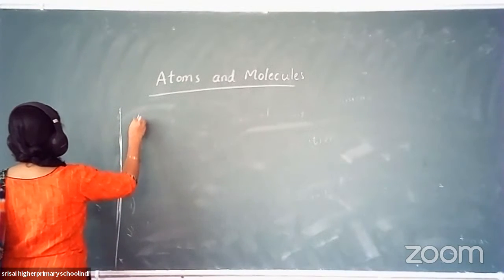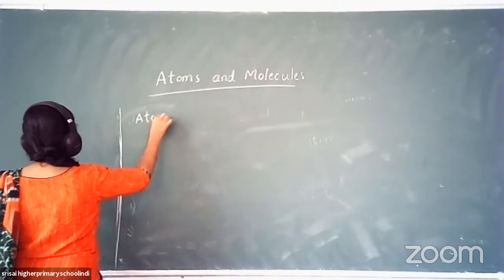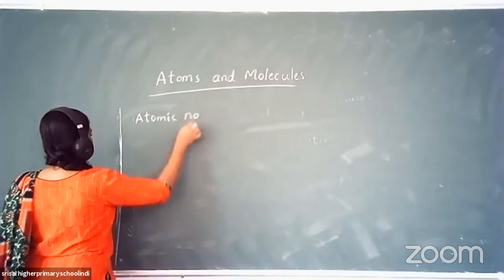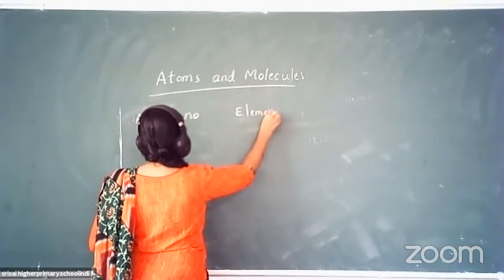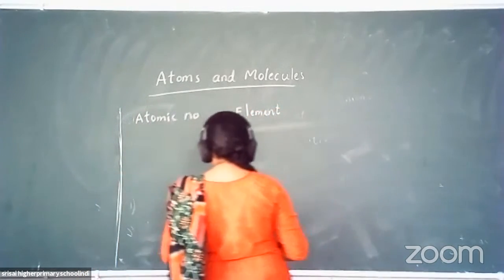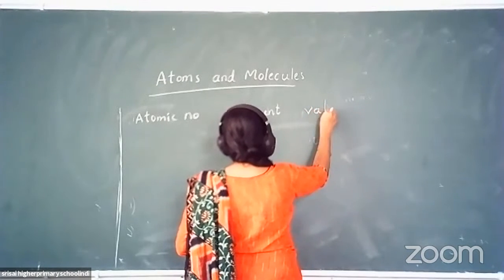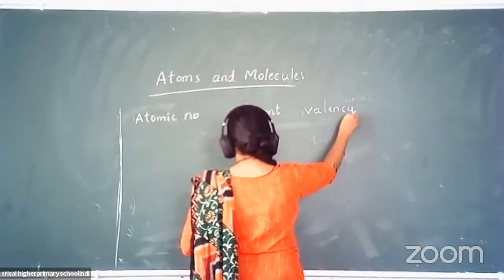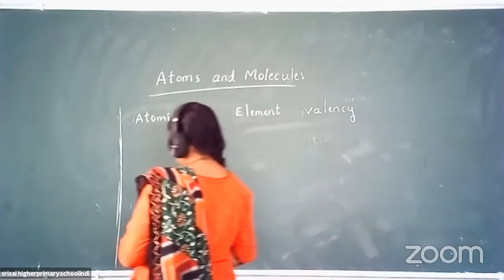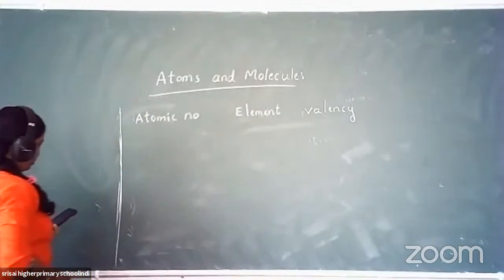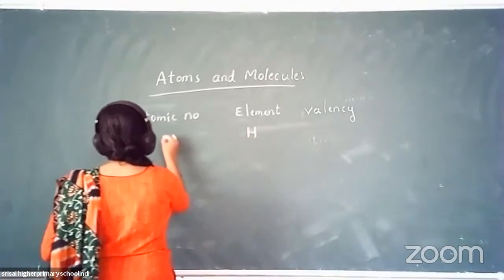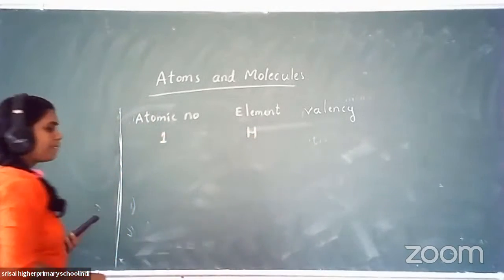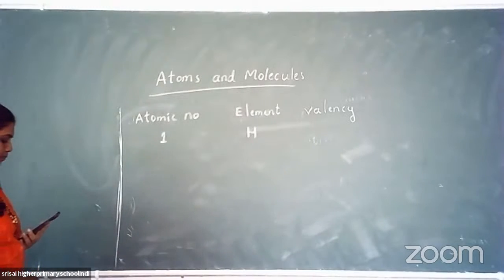Here, you write atomic number, element, and valency. First atomic number, for example, hydrogen. What is the hydrogen atomic number? 1.